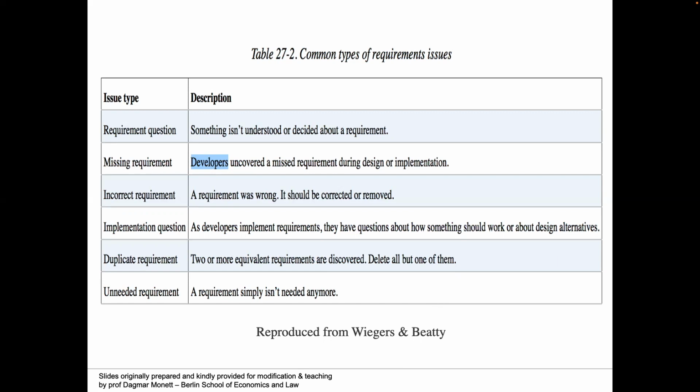So obviously we cannot ignore these issues, and they cannot remain open. So we really need to make sure that we are monitoring them and tracking them, whether they have been resolved or not. The benefit of keeping a track of these issues, or keeping a history of the discussion, really will help everyone, all the team members.